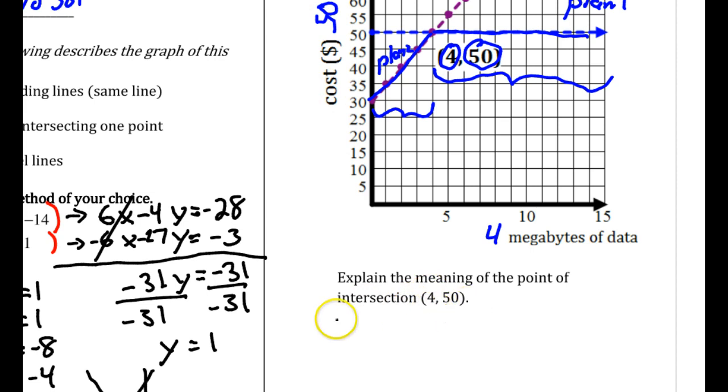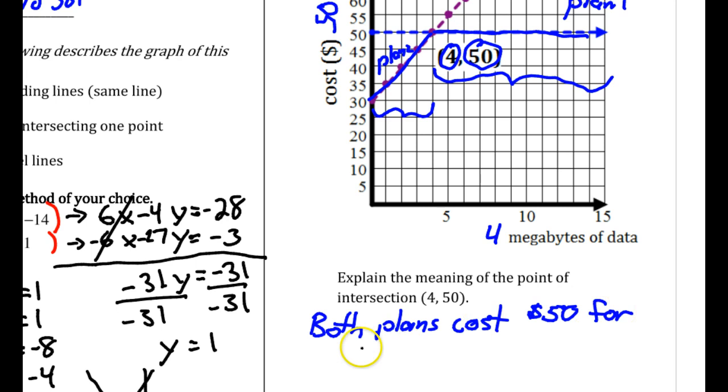So the meaning of this is that the point of intersection means both companies, or both plans, we'll say, cost $50 for 4 megabytes of data.